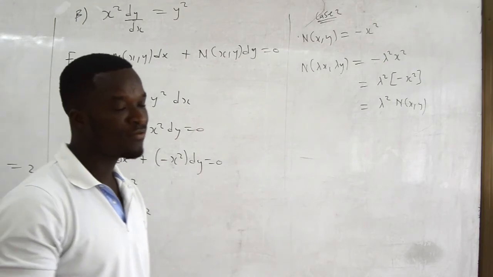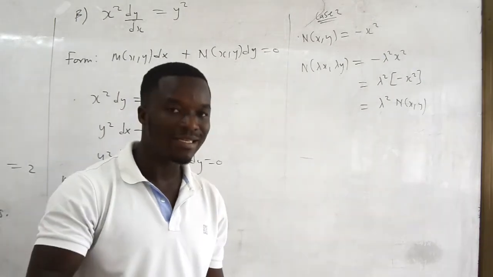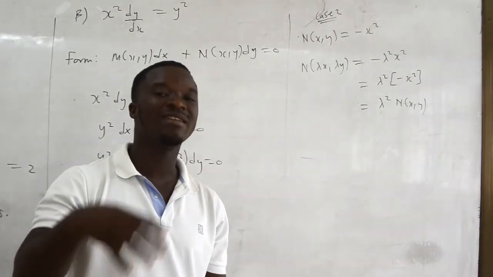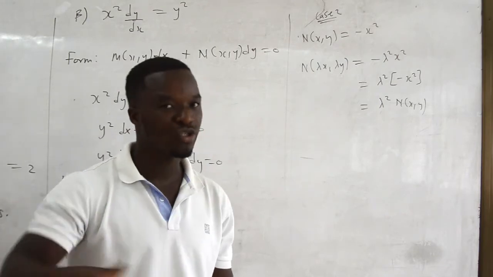So you can see from both cases that the degrees are the same. If the degrees are the same, then we consider the differential equation to be a homogeneous differential equation.